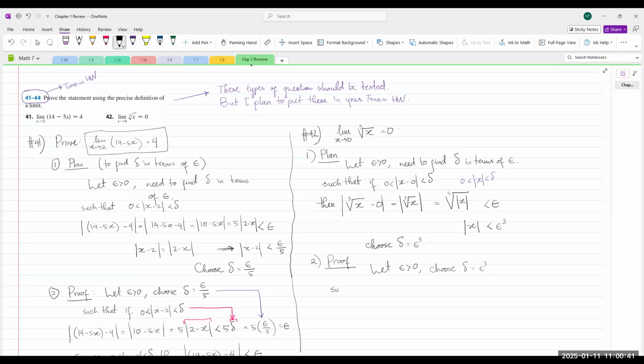such that if the absolute value of x minus 0 is less than delta and still positive, then the absolute value of the cube root of x minus 0, that is the absolute value of the cube root of x, that is the cube root of the absolute value of x, will be less than the cube root of delta.